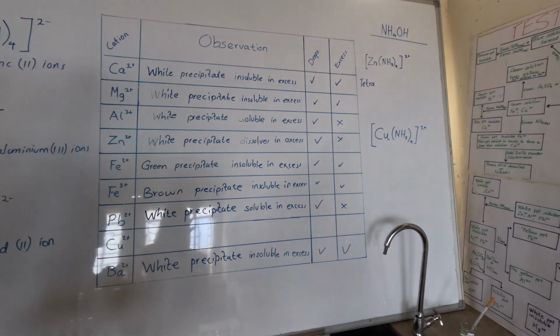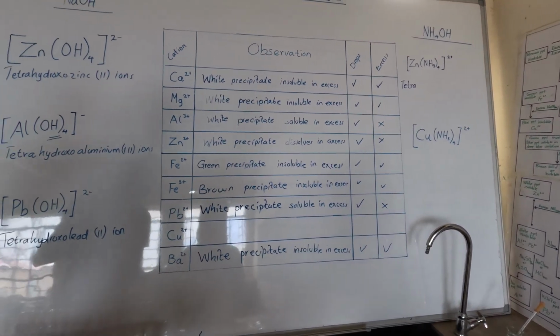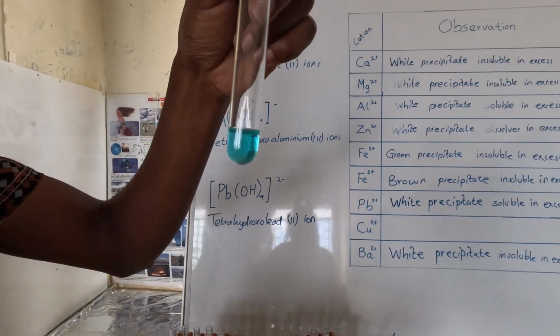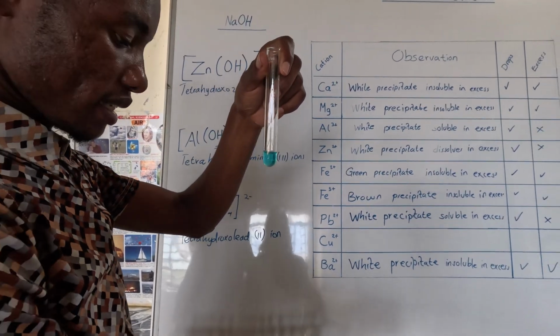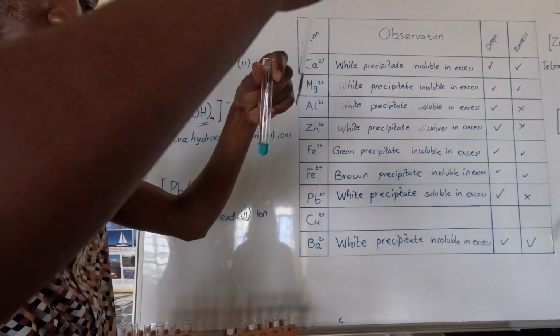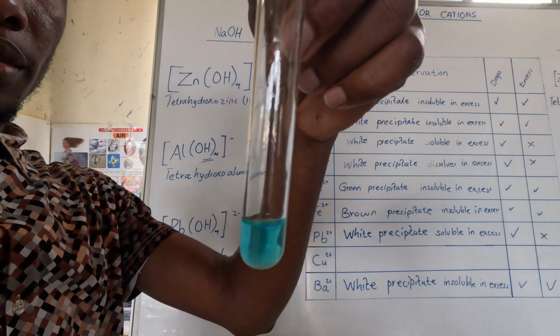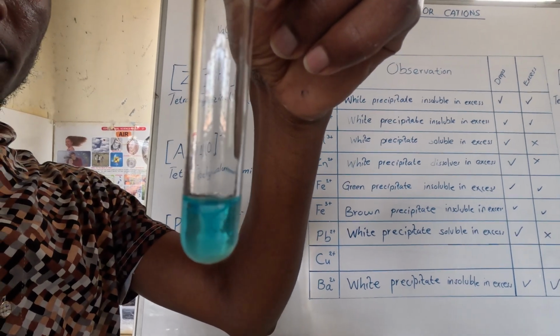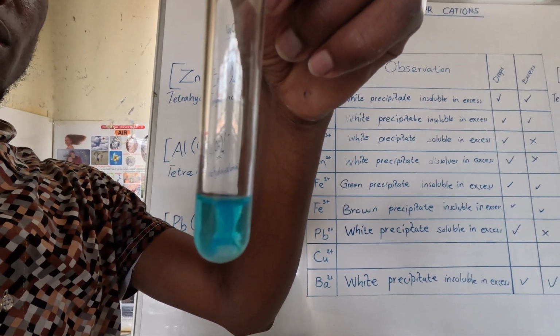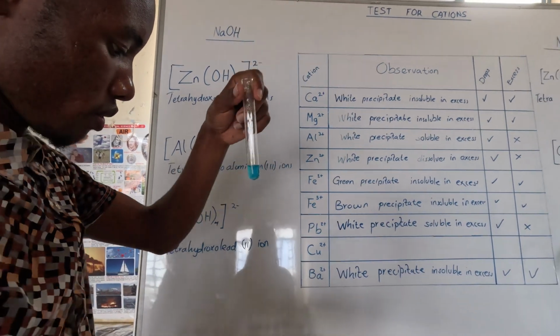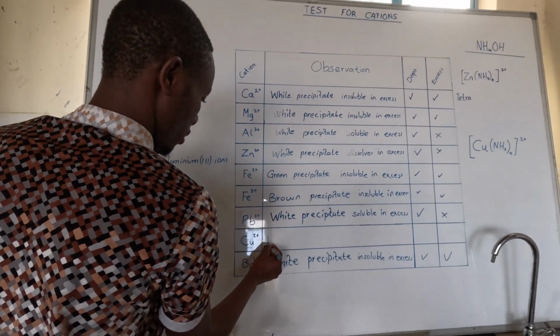And then finally we get to our copper 2. What is going to happen to our copper 2? Copper 2 is blue in color, and we are going to add a few drops of sodium hydroxide. So what is happening to copper 2? There is a blue precipitate.